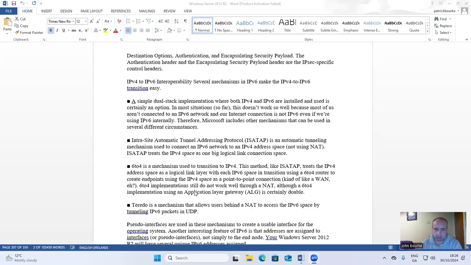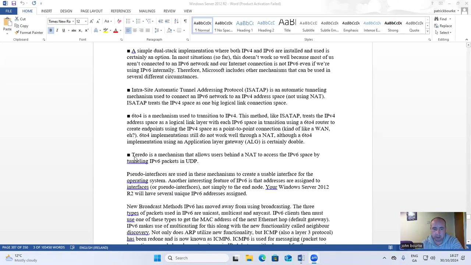6to4 implementations still do not work well enough through a NAT, although a 6to4 implementation using an application layer gateway, ALG, is certainly doable. Teredo is a mechanism that allows users behind a NAT to access the IPv6 space by tunneling IPv6 packets in UDP.